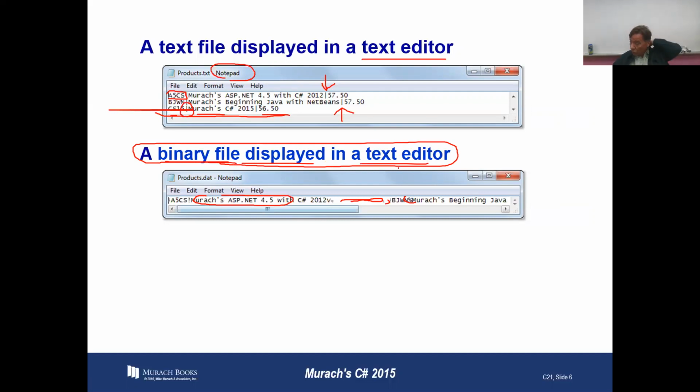You use some other kind of application that can translate the binary file into what it's supposed to be, like a picture or an image or whatever. And this is an example of what it might look like if you were to look at a binary file using a text editor. You'll see some characters that you can recognize, and then there's a bunch of garbage characters that you don't.